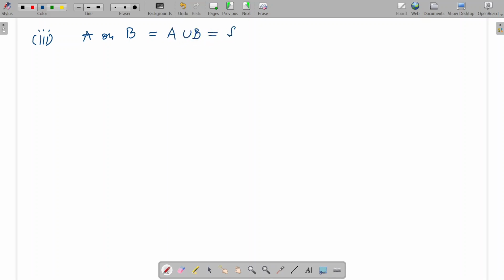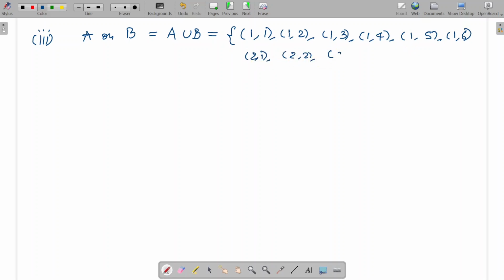So, A union B is nothing but we have to take all the elements of A and all the elements of B. So, 1 comma 1, 1 comma 2, 1 comma 3, 1 comma 4, 1 comma 5, 1 comma 6, 2 comma 1, 2 comma 2, 2 comma 3, 2 comma 4, 2 comma 5, 2 comma 6.